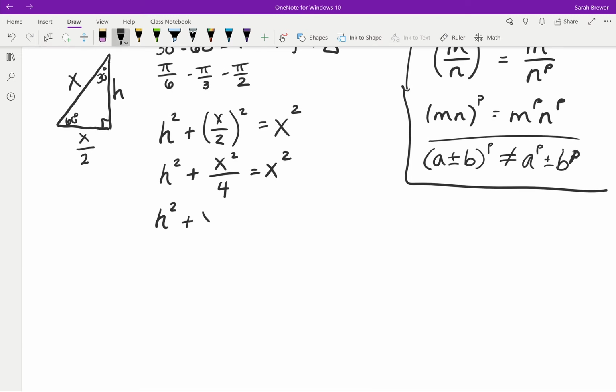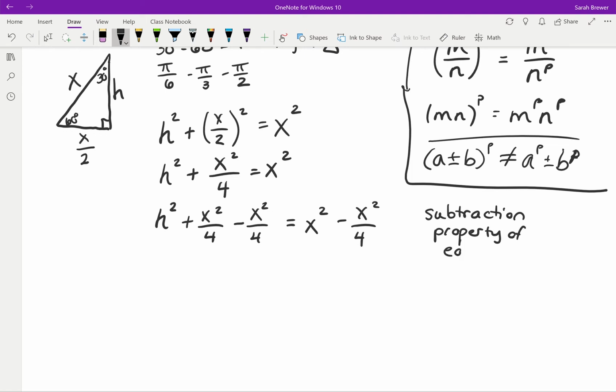I'm going to use the subtraction property of equality that says if I have an equation, that equation is still true if I subtract the same thing on both sides of the equation.